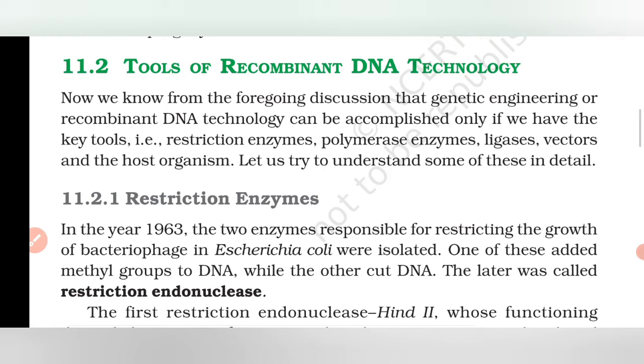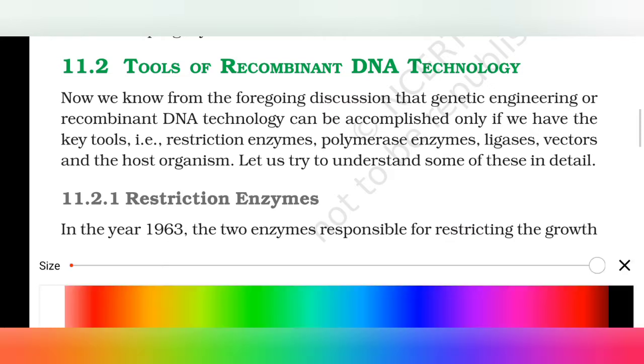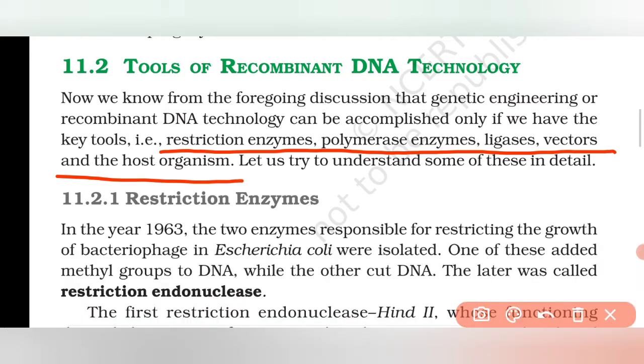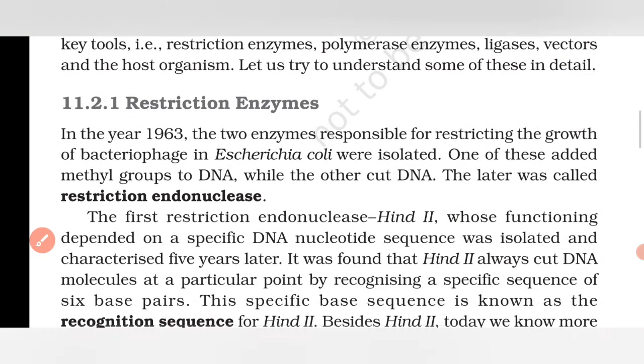Whenever DNA is cut, we need to join it again, and there we require the ligase enzyme. So the tools required are restriction enzymes, polymerase enzyme, ligase, vectors like plasmid, and the host organism in which you have to introduce that particular DNA. Okay, so let's first talk about the restriction enzyme.